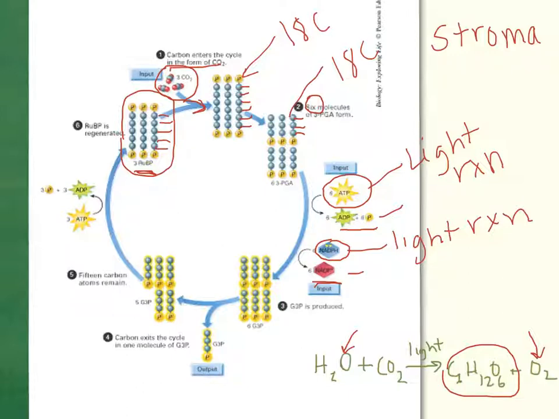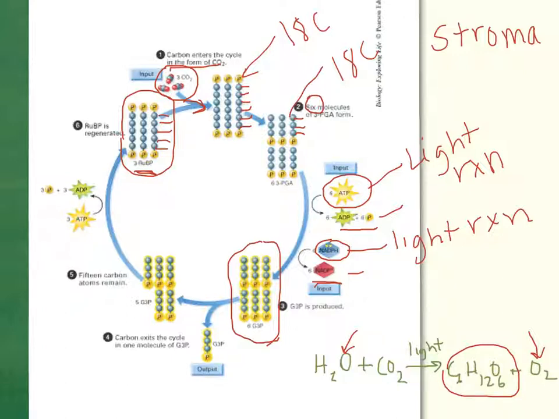So after we've done this, this molecule, G3P, which is glyceraldehyde 3-phosphate, may look like the 3-PGA that we talked about earlier, but you'll notice the yellow highlighting. That's to show you that there's energy. Remember, we just got the energy from the ATP and the NADPH.